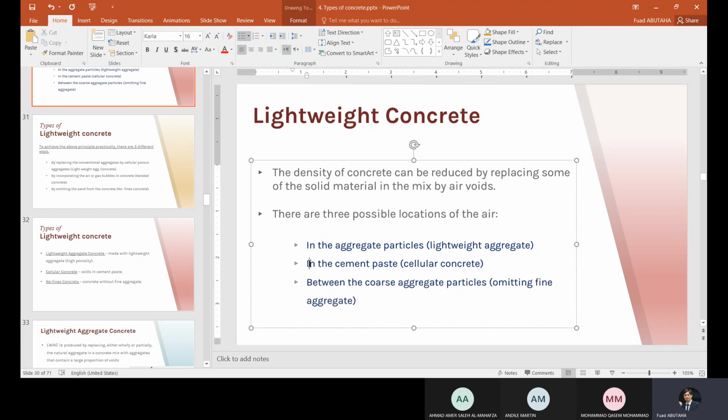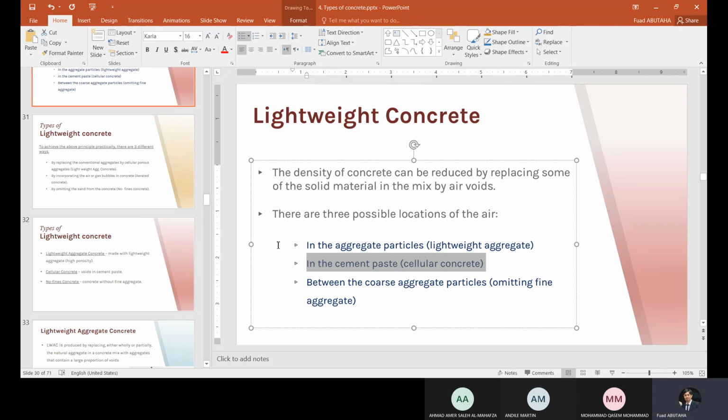The third one is related to the cement base, or we call it cellular concrete, by creating voids inside the cement base itself. With creating the voids in the cement base, it means we also reduce the total concrete weight.